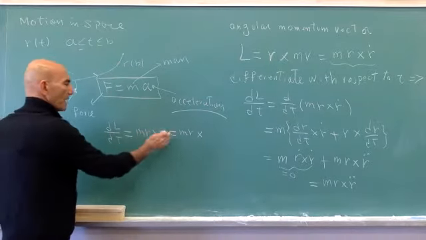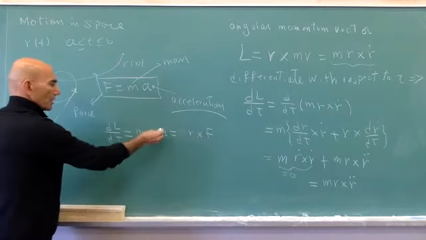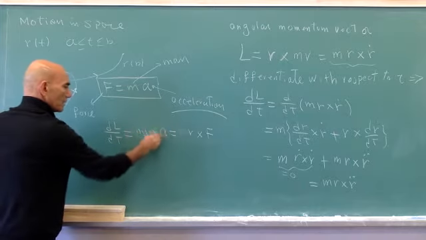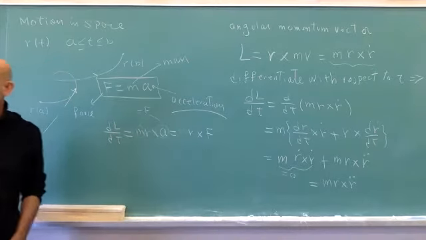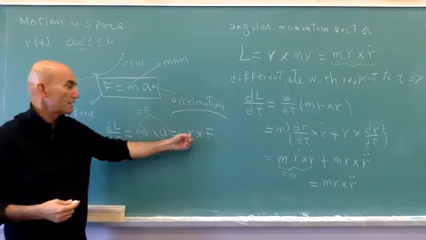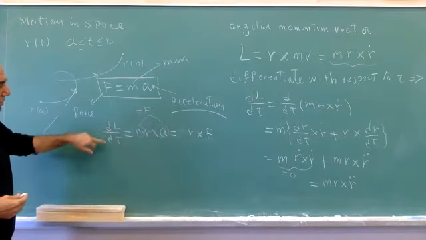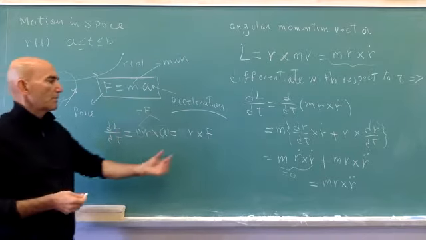F is ma, force by Newton's law. So I just write it as r cross F. So it shows that the change of angular momentum in time is given by this vector.